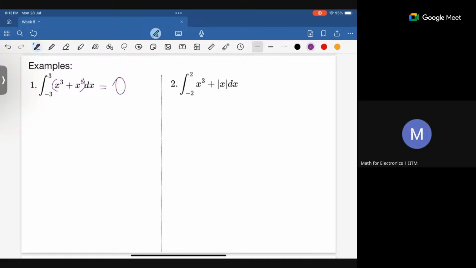You don't have to know any integral pairs, or even the integral of x. All you have to check is that this is going from -3 to +3, and what kind of function x cube plus x power 5 is. This is an odd function. So if the integrand is odd and you are integrating from -a to +a, the result will be 0. No computation, nothing, one step done.